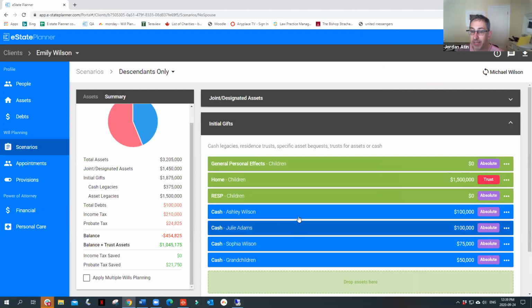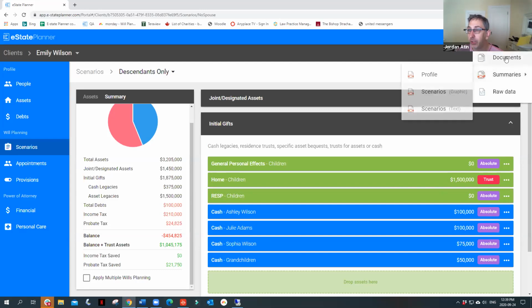Now, if there was enough to pay them both in full, the next people to get paid were the grandchildren. And then if there was still enough, it was Sophia. So that changes the general rule that we have about ratable abatement.